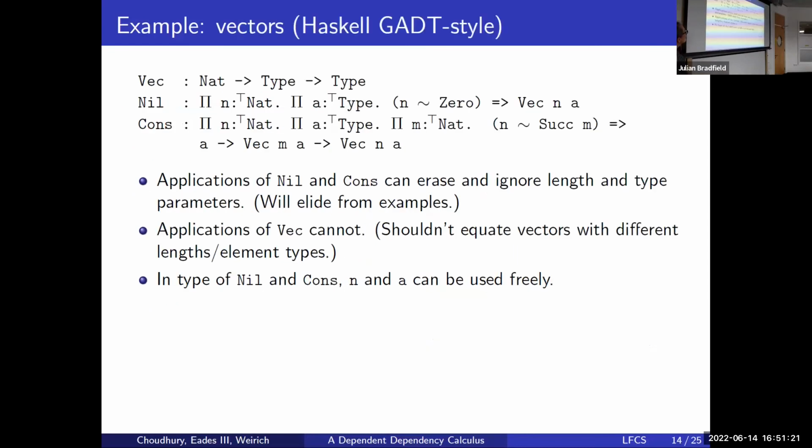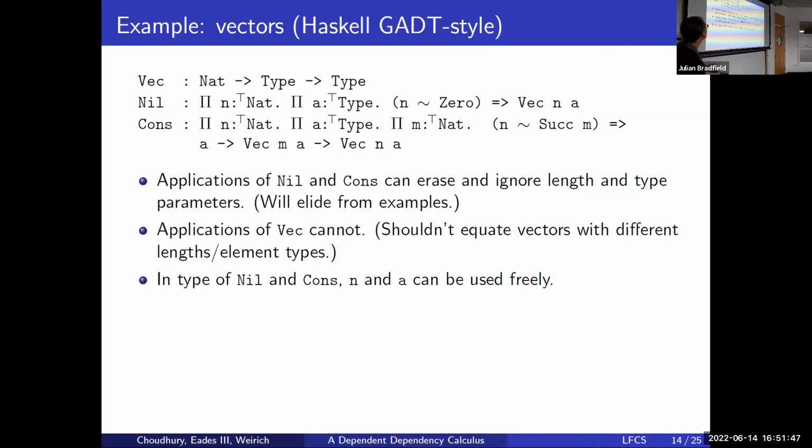Okay, so let's look at a bigger example of what this looks like if we have an index type like vectors. Here I'm betraying my Haskell, I think about everything in terms of Haskell. So I'm thinking about these vectors sort of GADT style, how Haskell would manipulate them. What do I want to do?